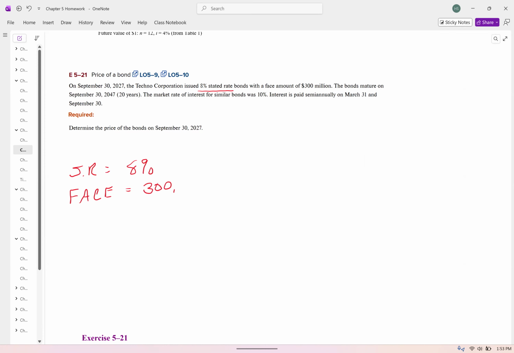There's a lot of zeros here. Then they said the bonds mature in 20 years. So these bonds are going to be out for 20 years. The market rate of interest for similar bonds is 10%.